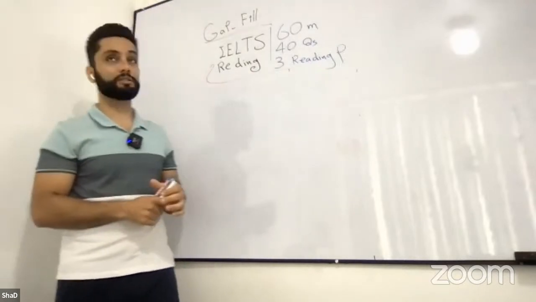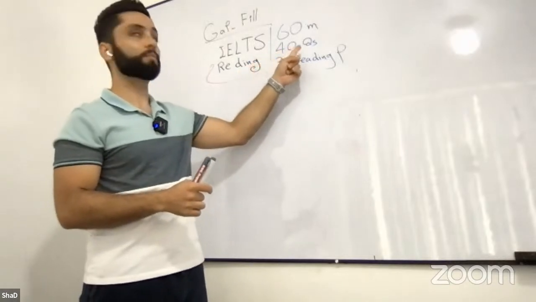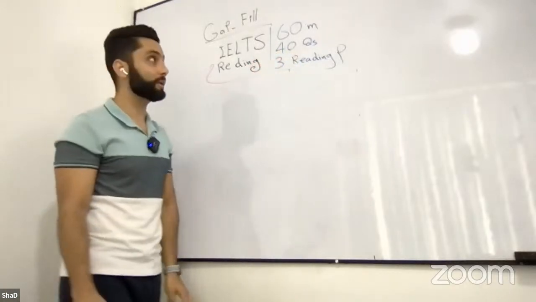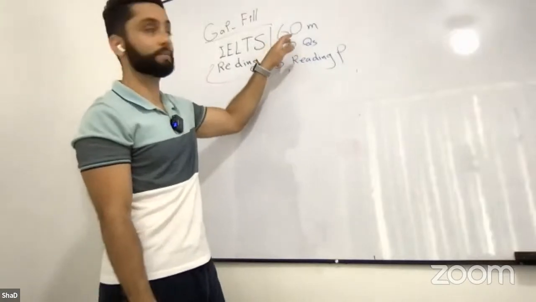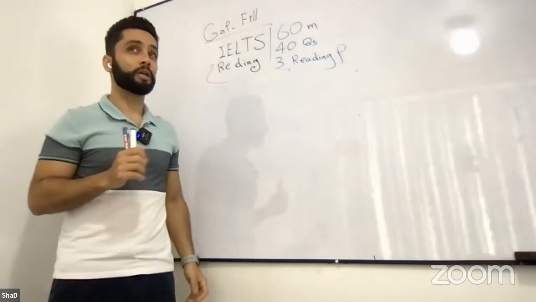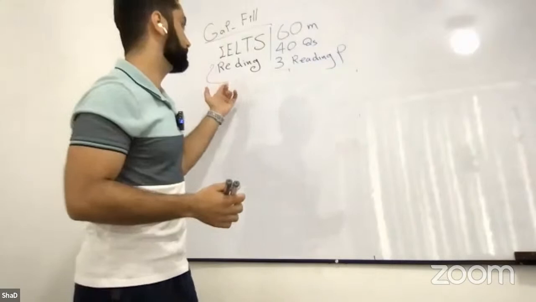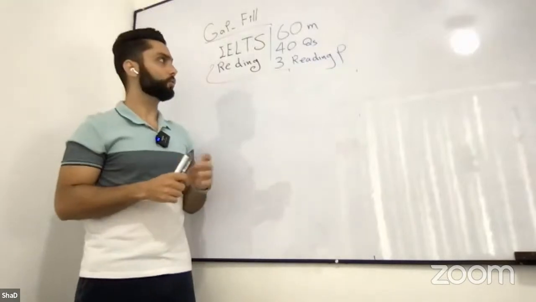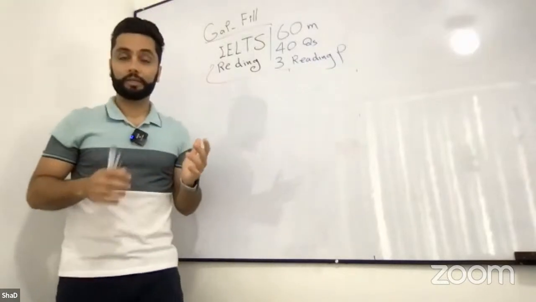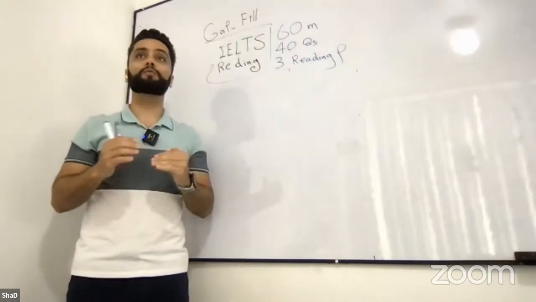It's less than 2 minutes, because if you had 2 minutes, 40 questions multiplied by 2 would be 80 minutes, but you don't have 80 minutes, you have 60 minutes. That's the first thing that's important. That will be your biggest enemy, your biggest challenge in the IELTS reading test. Time is your biggest challenge, which means that you have to be really good at it.